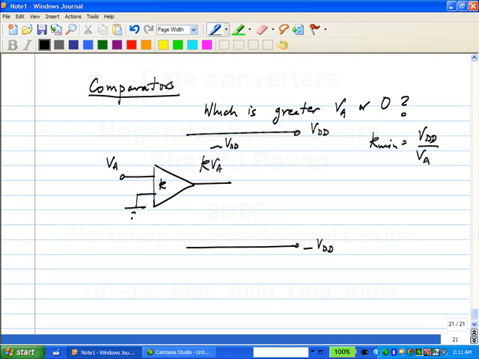If VA is positive, but VA is basically say VDD by 2K, what happens? What is the output? VDD by 2. So is that a logical level or no? It's not yet reached logic high.